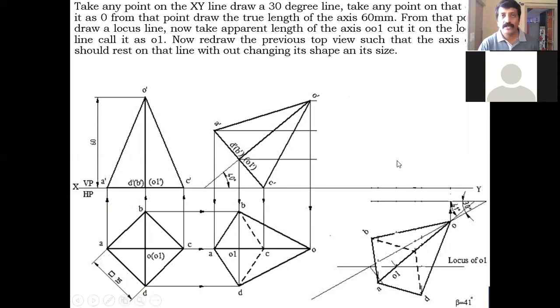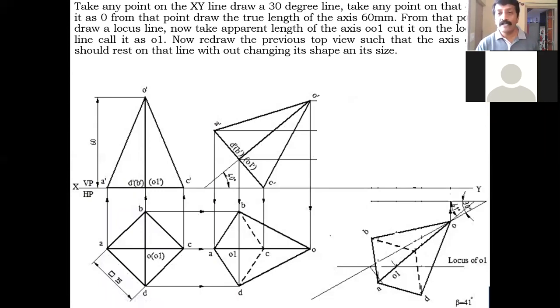So what you can do is, on the right side of your XY line, in any direction you can draw a 30-degree line. On this 30-degree line, you take any one point and call that point O, because this axis inclination, whatever is given, is for the true length of the axis.